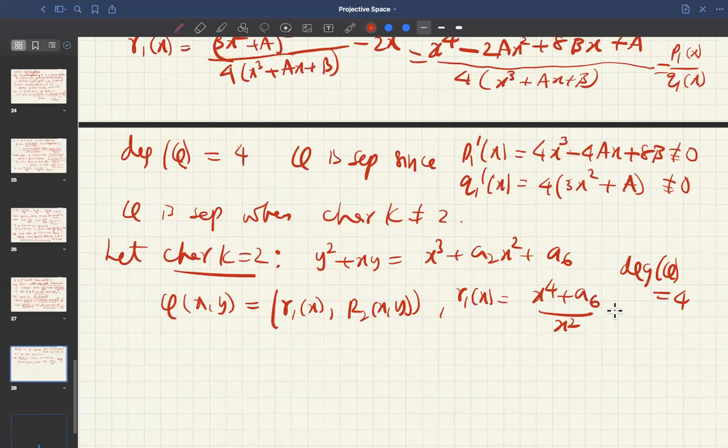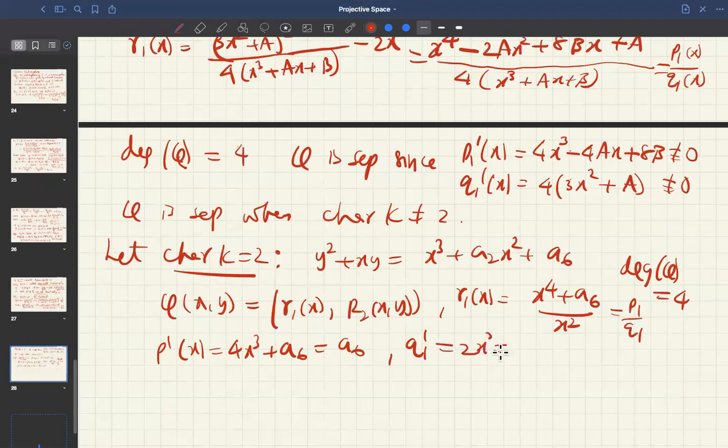Which you write as p1 by q1. Now p1 dash of x is 4x cubed, which is 0 in characteristic 2, and q1 dash of x is 2x, which is 0.